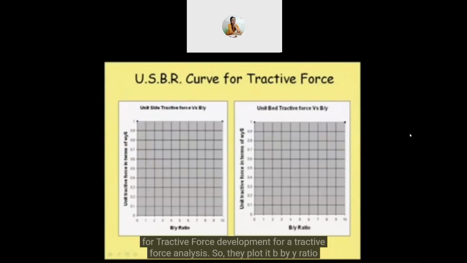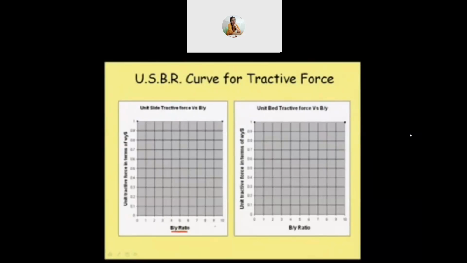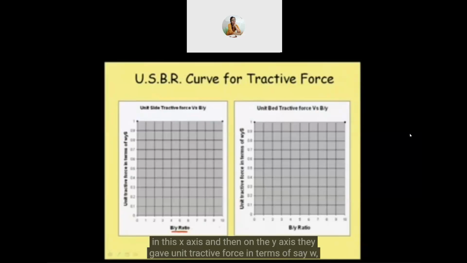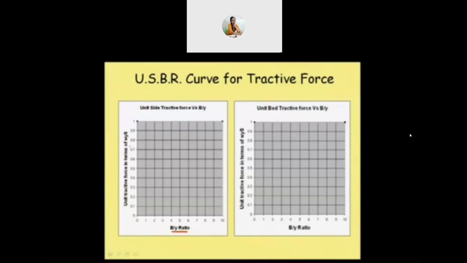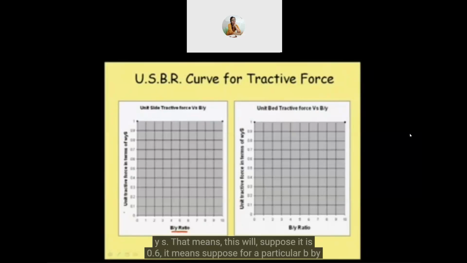They plotted B by Y ratio on the x-axis, and on the y-axis they gave unit tractive force in terms of WYS. That means if this value is 0.6, for a particular B by Y ratio of 2, there will be some curve. We are not having that curve here.